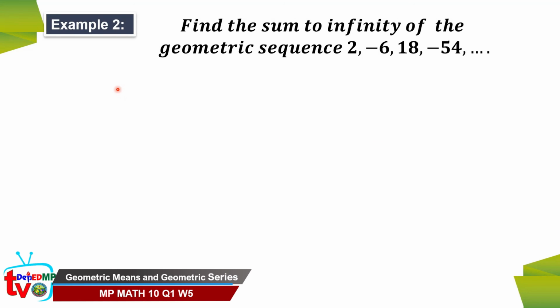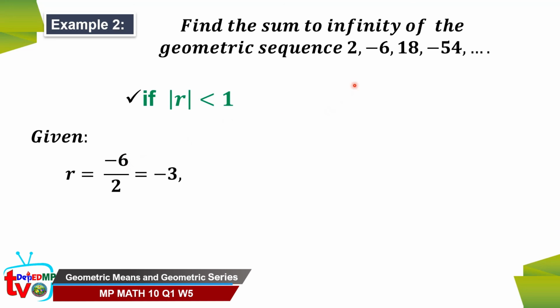How about this second example? Find the sum to infinity of the geometric sequence 2, -6, 18, -54, and so on. Again, we need to satisfy the given condition that the absolute value of r must be less than 1. So, get the common ratio of the sequence. -6 divided by 2 gives us -3. Next is to get the absolute value of -3, which is 3.